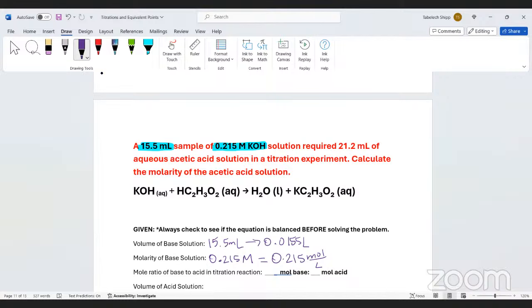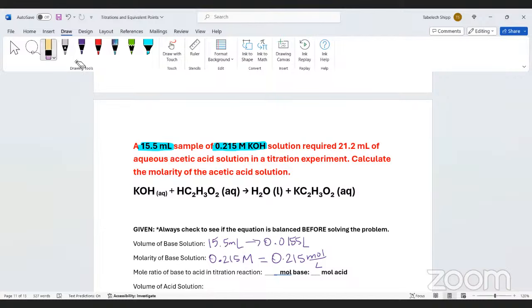Now, you remember when I said you got to do the mole ratio of the base to the acid by using your chemical reaction? Let's first make sure that this reaction is even balanced, okay? In order to do that part. So if I look at my reaction, I've got 1 potassium on the left, 1 on the right. Let's see, for my oxygens, I've got that in check.